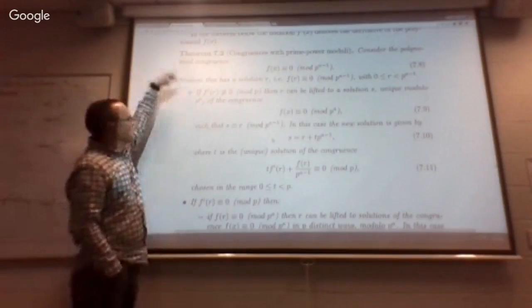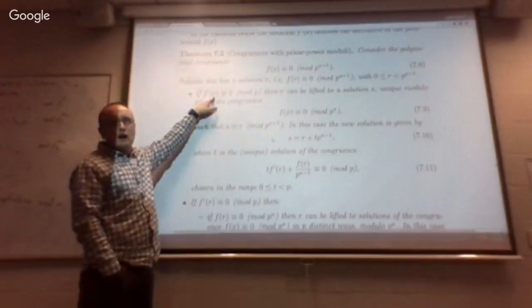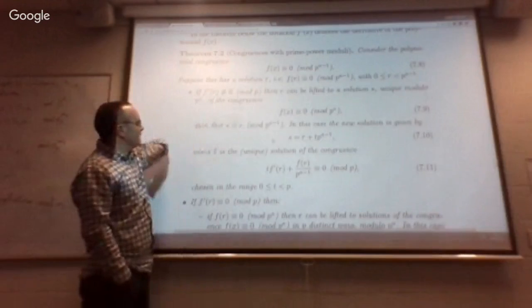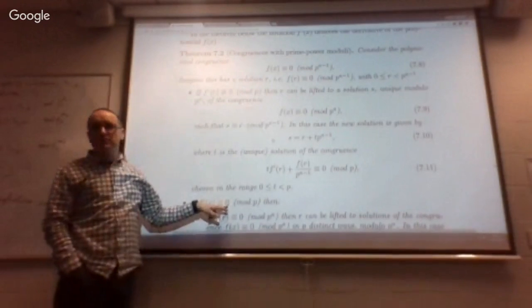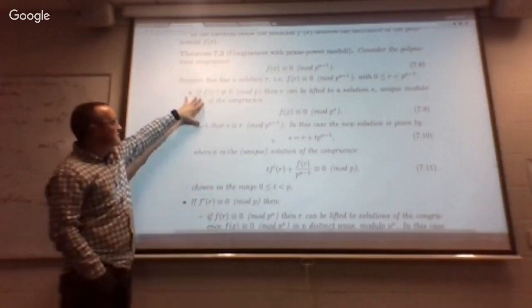But anyway, we look at the derivative of the polynomial f. You evaluate it at r, the solution that we've got in our hand at the moment. When you evaluate it at r, you're either going to get something non-zero modulo p or something 0 modulo p. Depending on what you get, you follow that bullet point.